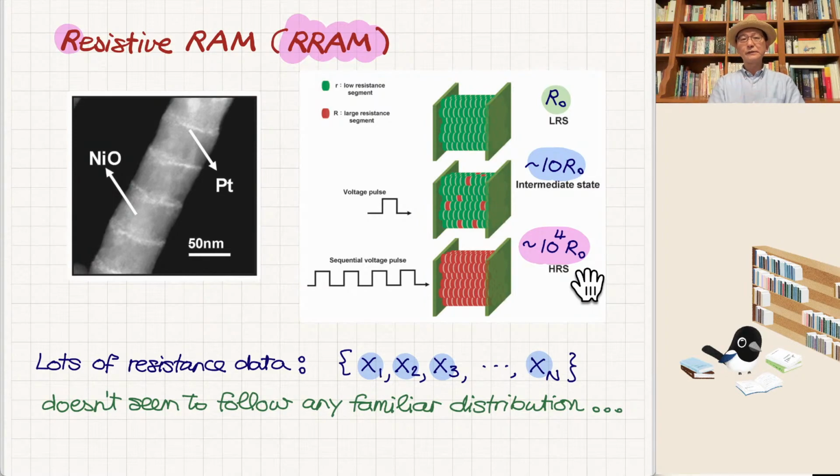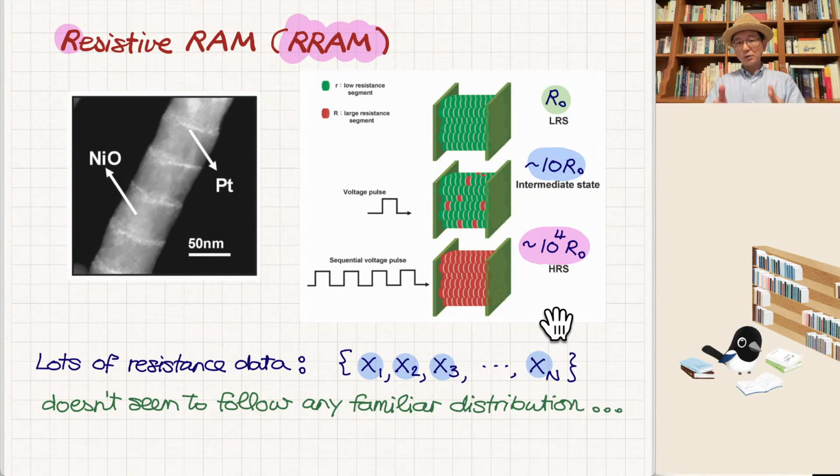Because the resistivity changed so much, you can actually use these resistive states as memory storage. You can just control how many voltage pulses come in, and then you would be sitting in different resistive states. This is R0, this is like 10 R0, if you send in 2 you're about 100 R0, and this is like 10,000 R0.